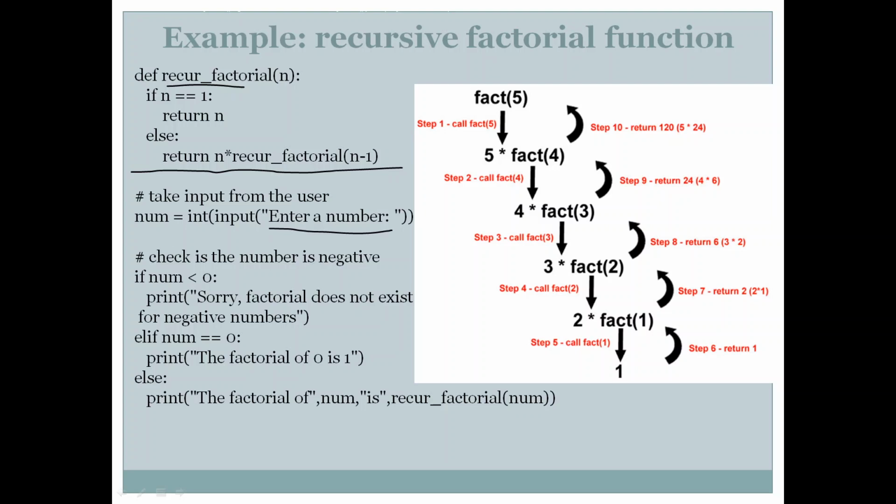Then we are checking whether the number entered by the user is less than 0. If the user enters a number that is -1, which is less than 0, in that case we display a message saying sorry, factorial does not exist for negative numbers. So an error message is displayed if he enters a number less than 0.